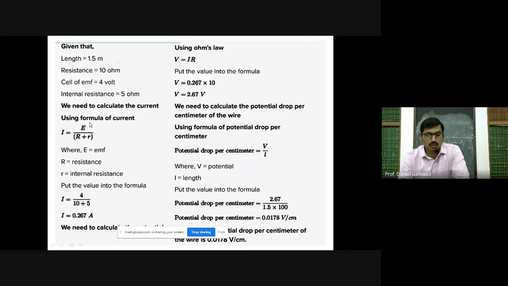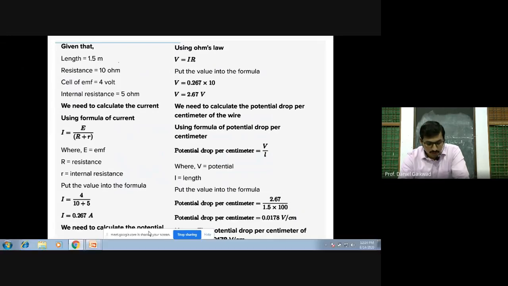Now check carefully, the solution is given like this. What we have given: length 1.5 meter, resistance 10 ohm, cell 4 volt, internal resistance 5 ohm. We need to calculate the current using this formula. I is equal to E upon R plus r.